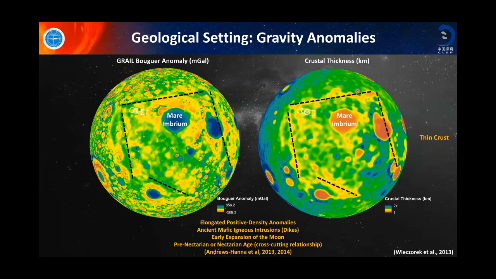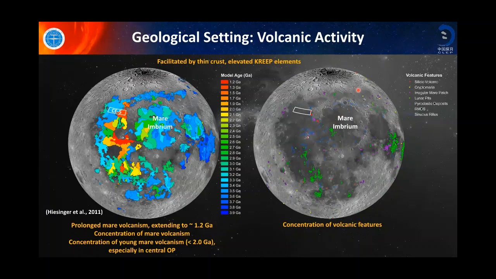So facilitated by the thin crust and the elevated heat-producing elements I just mentioned, volcanism here is prolonged, extending to 1.2 gigayear. And as you can see from Hiesinger et al.'s global age distribution map of mare basalts, most mare basalts are concentrated in the PKT terrain.